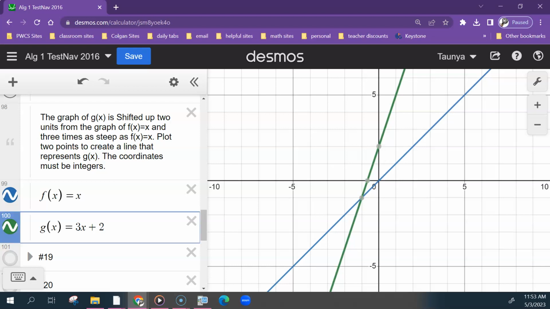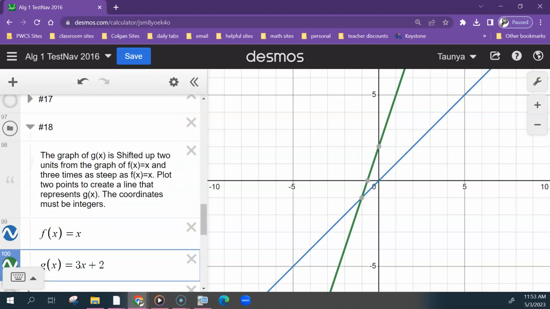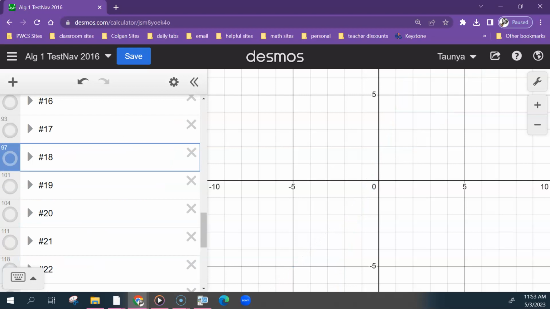So you could use this line to help you make 2 points, but you'd have to know that's what you're looking for. Once you plot 2 points, it would graph a line for you. Do you have any questions on 16, 17, 18?